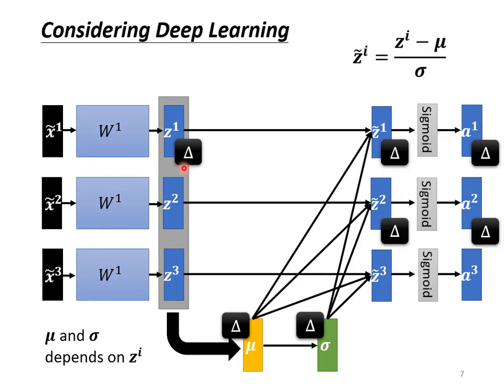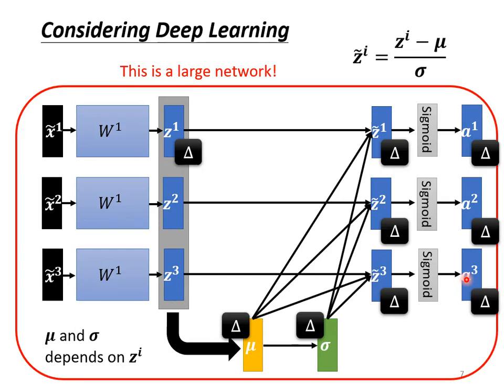After mu and sigma change, the values of z2, a2, z3, and a3 will also change. Originally, x1, x2, and x3 were handled separately. But after we do feature normalization, these three examples become related to each other. As long as there is a change on z1, z2, a2, z3, and a3 will also change.